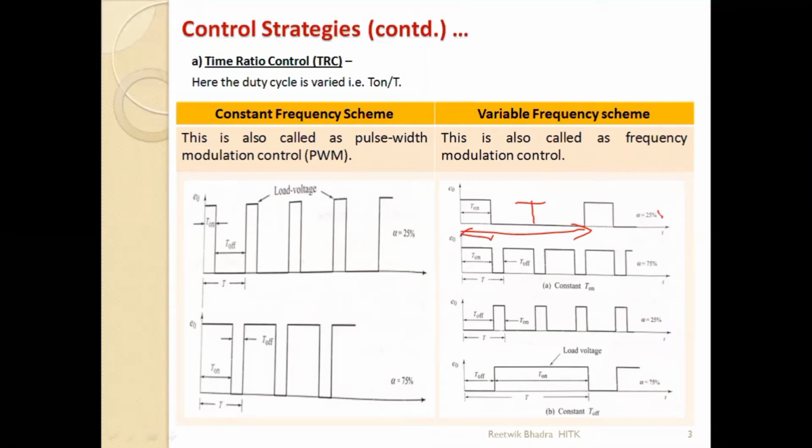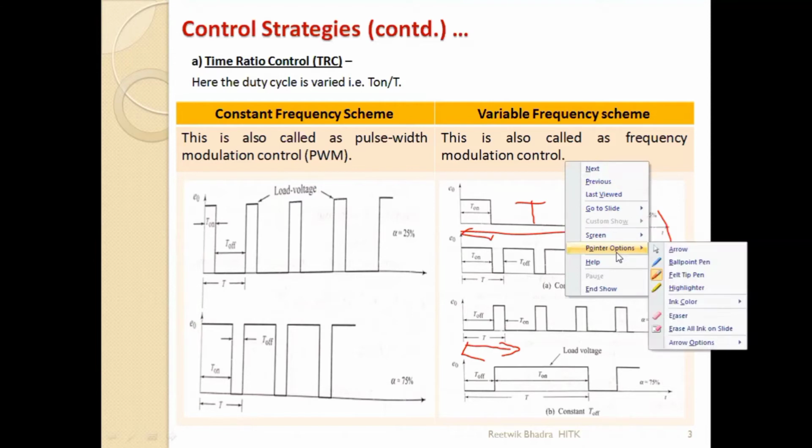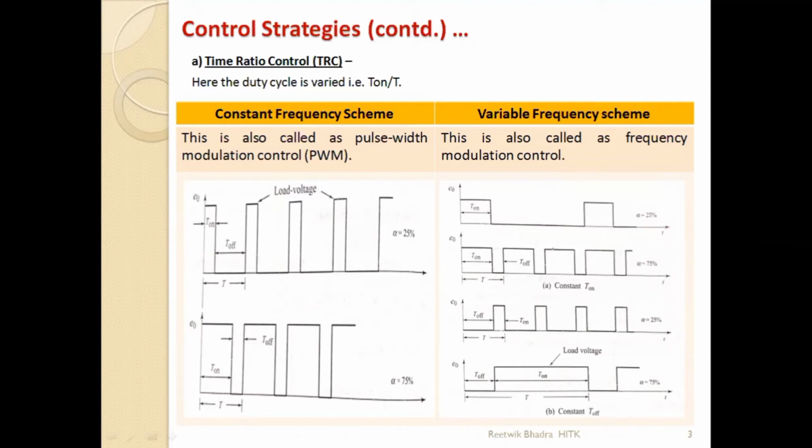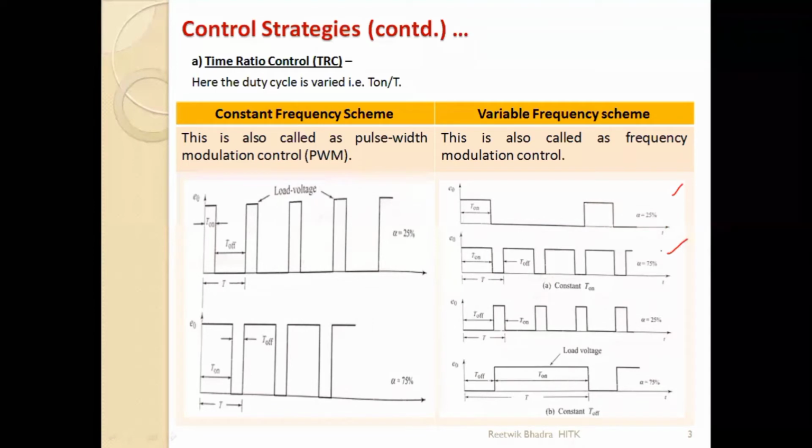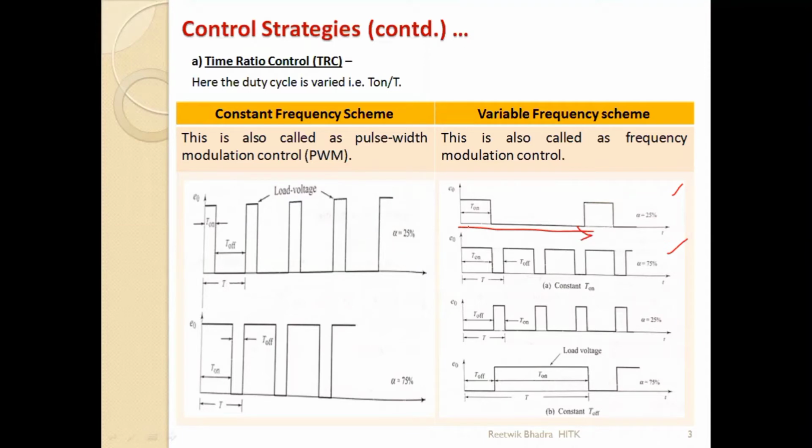Now for alpha equal to 25%, this one, I have reduced the T. So my frequency now becomes variable. If you want to look at this figure, I can make a comparison between these two and show you that the T is changing, so my frequency will change. Or according to the diagram shown, this one and this one, now this becomes my total T over here.